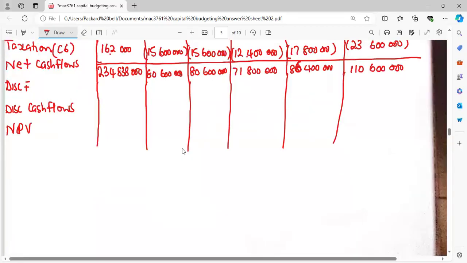So we are going to discount using 16%. This one is already in present value. So we need to discount here. I think you guys will now know how to discount. It's 16%, which is 1 divided by 1.16. How much is going to be our discounting factor here?